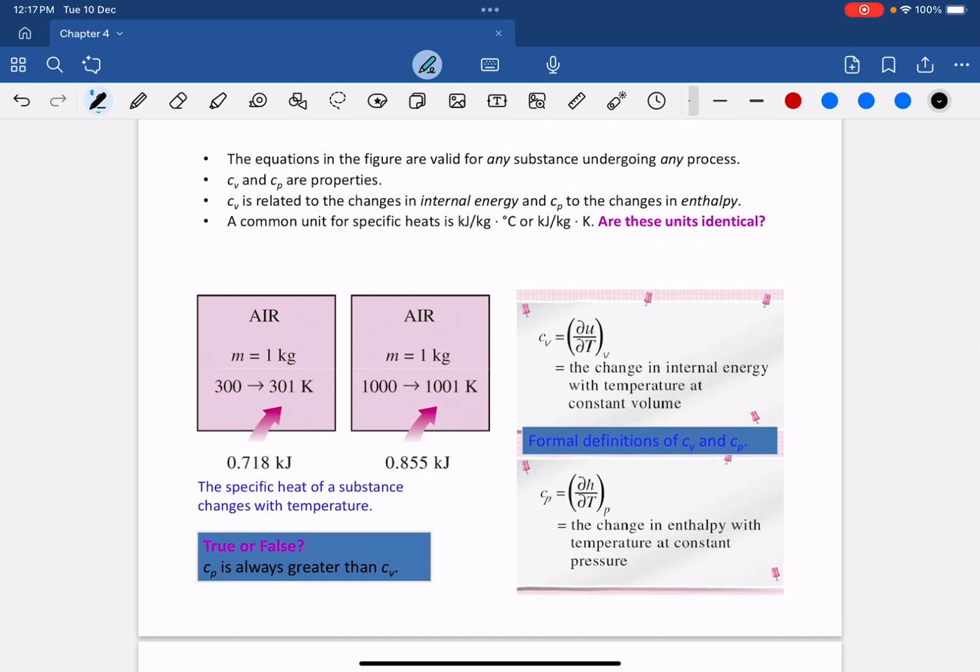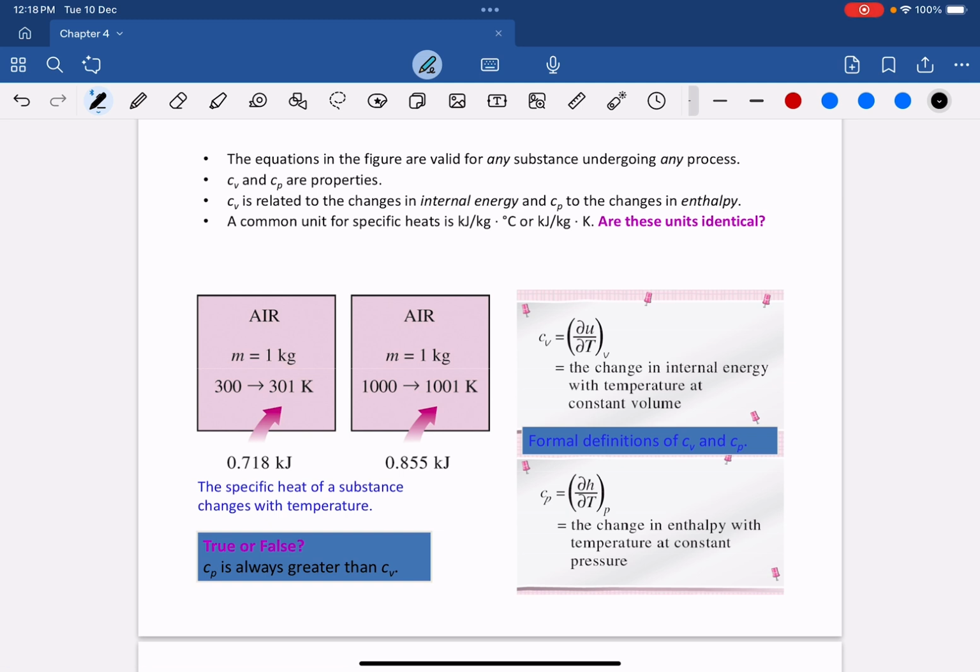So these two equations in the figure are valid for any substance undergoing any process, the heating process or cooling process and so on. CV, the specific heat for constant volume, and CP, the specific heat for constant pressure, are actually properties.